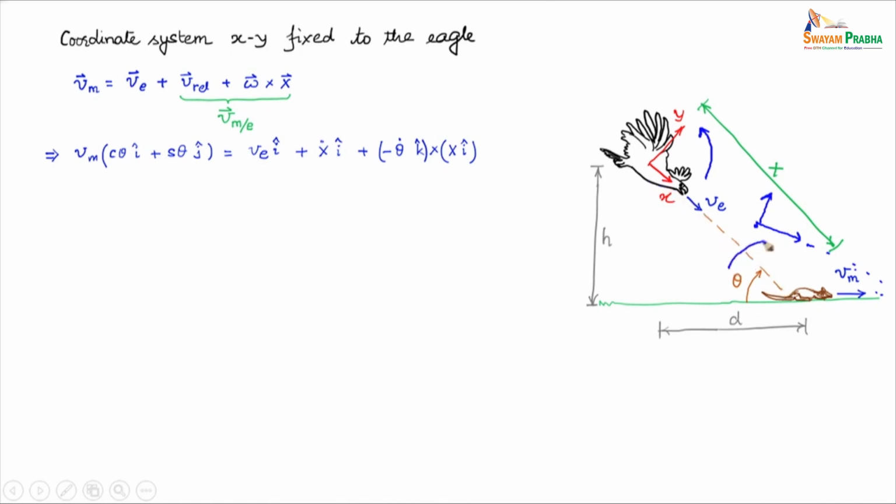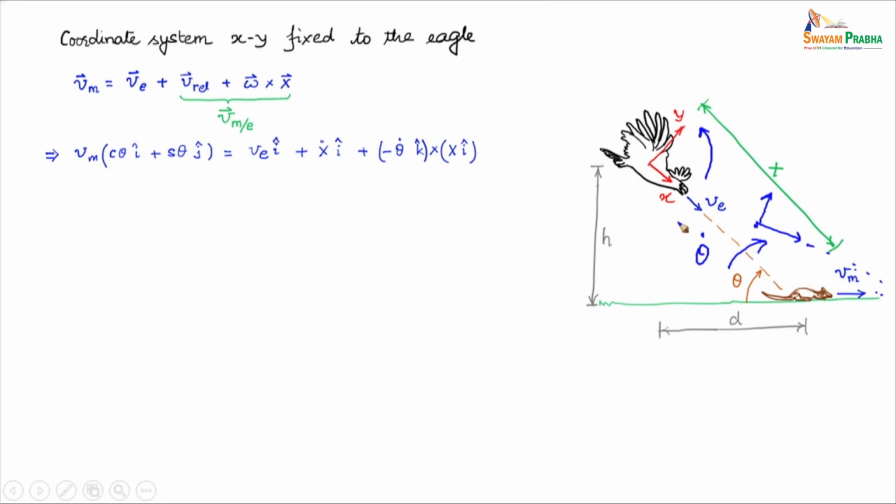Therefore, theta dot is positive in the clockwise sense, but this is in the sense of minus k cap. Remember, x y is shown like this, therefore the z axis is coming out of the plane of the screen.